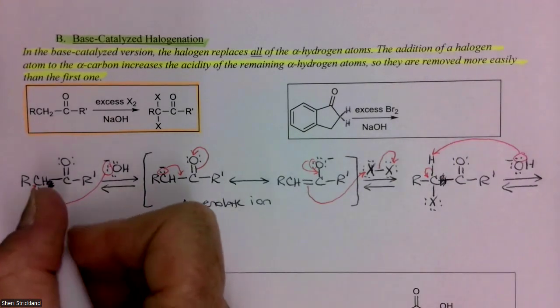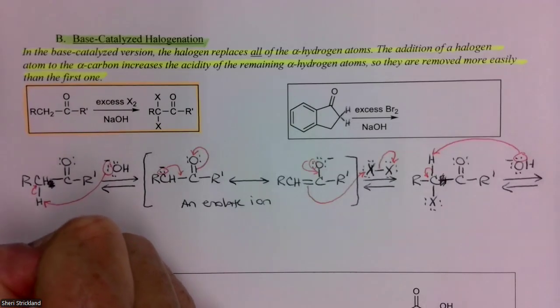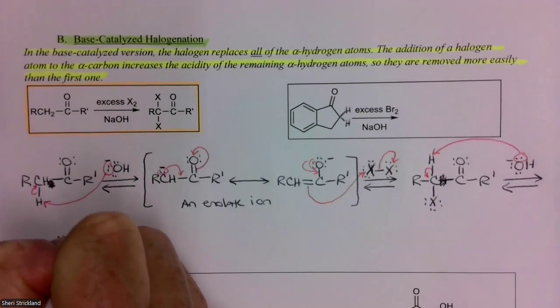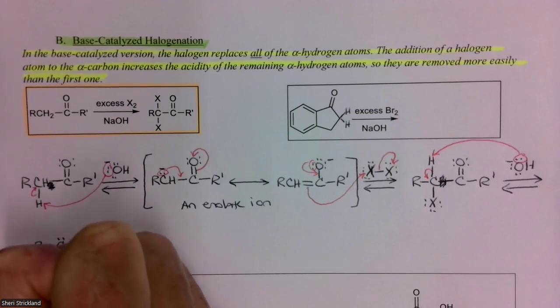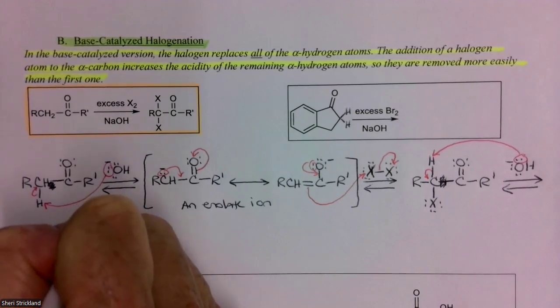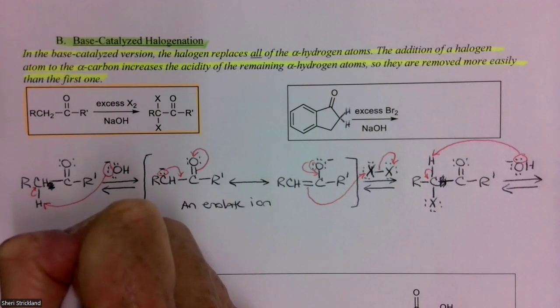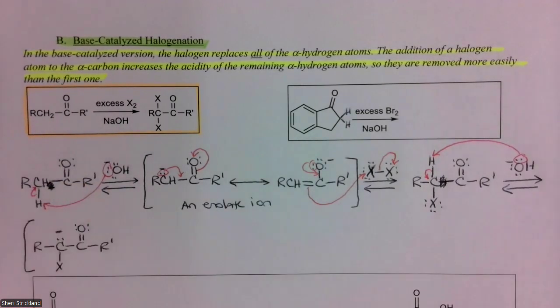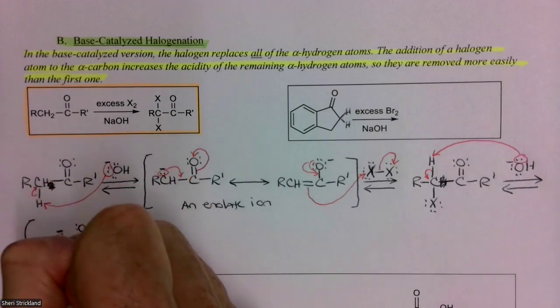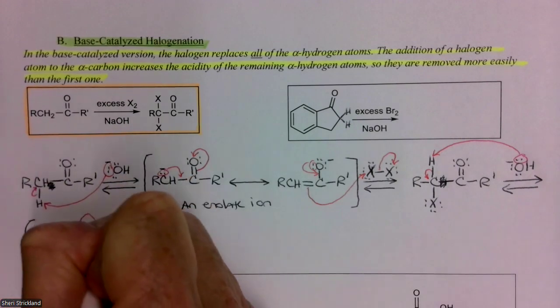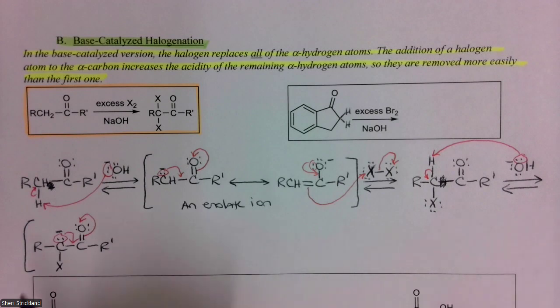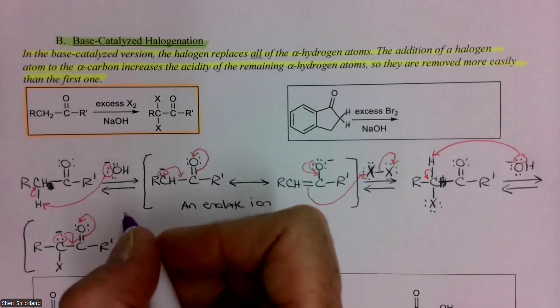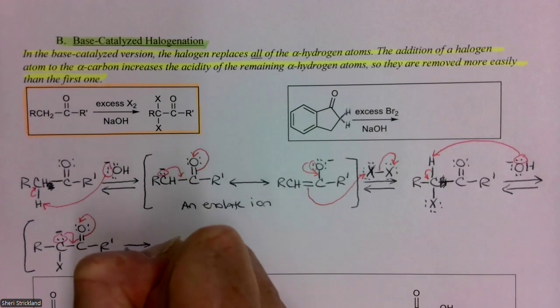All right, so enolate ion number 2 looks like this. Same kind of a resonance contributor is formed. It's just that this one has a halogen and no hydrogens.